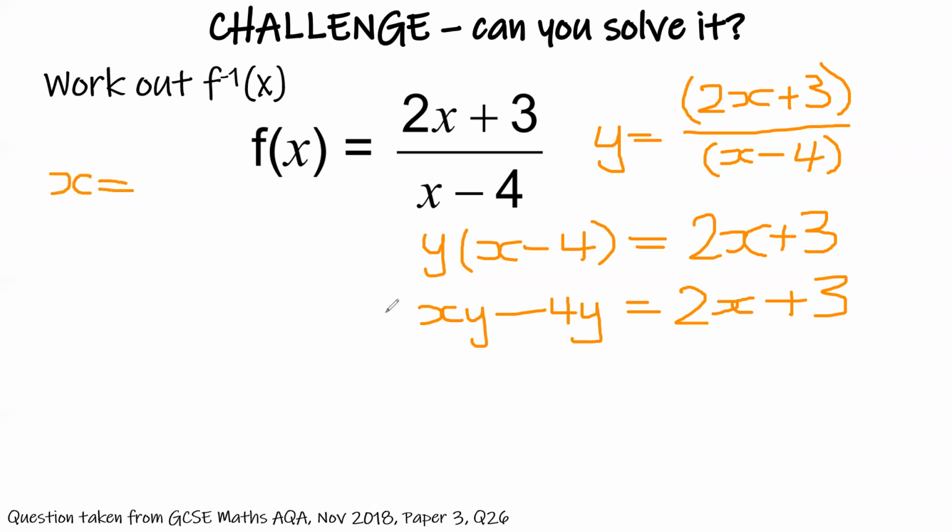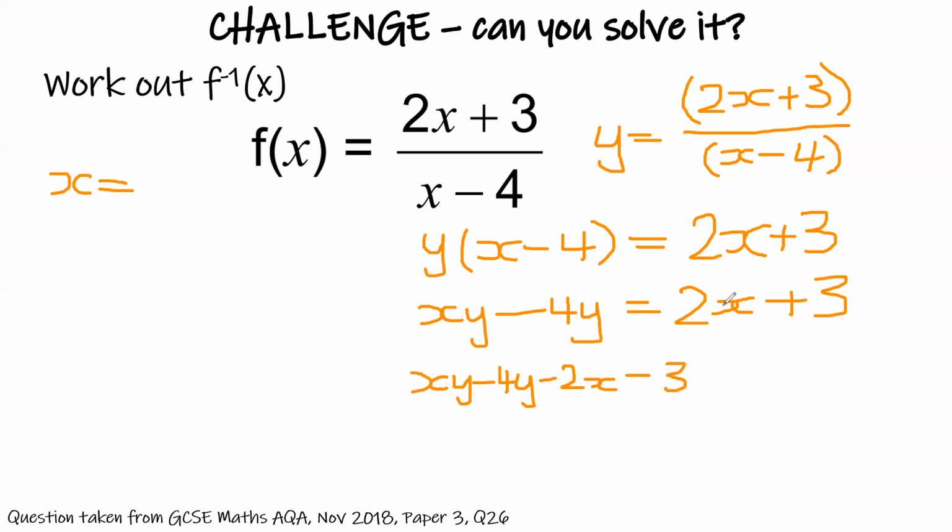So it's essentially like rearranging the equation, those sorts of questions that you'd have done previously. The way that I always do it is just chuck everything on one side, look for common features, and then we'll go from there. So if we do that, we're going to end up with x times y minus 4y minus 2x minus 3.